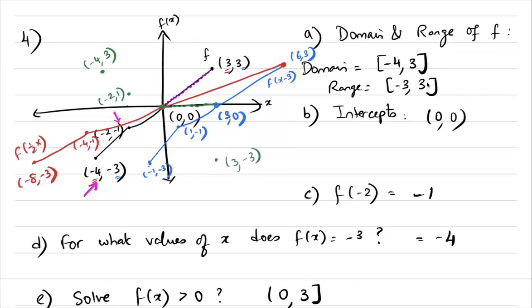So my graph becomes like this. It just flips upside down. And that is the graph of negative f of x. All right. Sorry about all the colors.